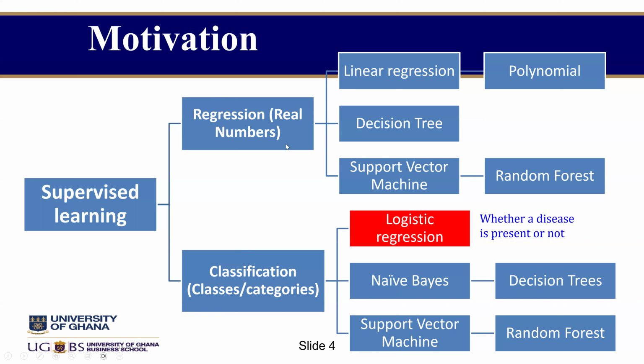Under regression, you have things like linear regression, decision trees, support vector machines, and all of that. Under classification, you have logistic, naive Bayes, and a portion of support vector machine can also be classified here. Under linear regression you can have non-linear regression like polynomial and quadratic, and also support vector machine and random forest.